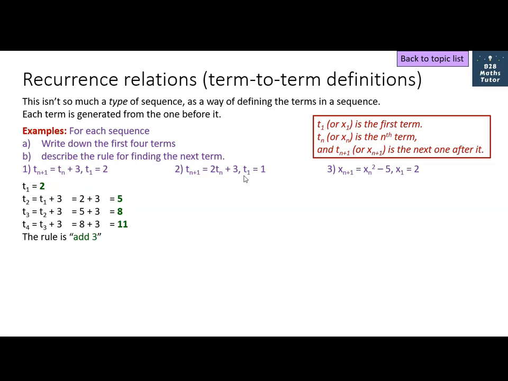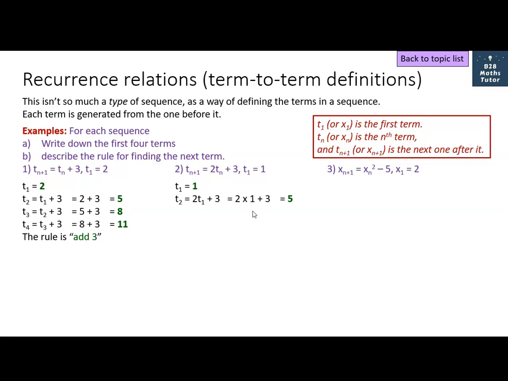With this one, we've got a first term of 1, and each time we're taking the current term and doubling it and then adding 3. So first term is 1. Second term is 2 times the first term, add 3. So that's 2 times 1, add 3, is 5.